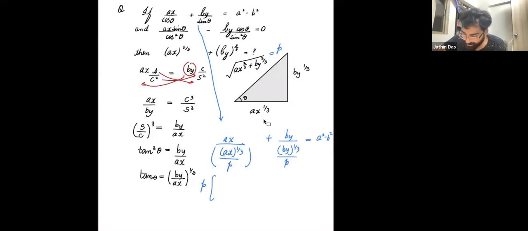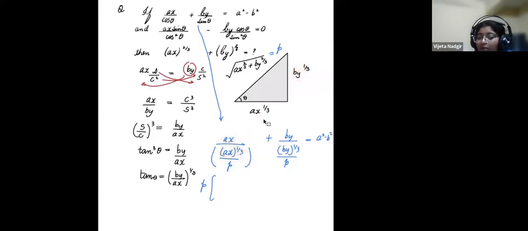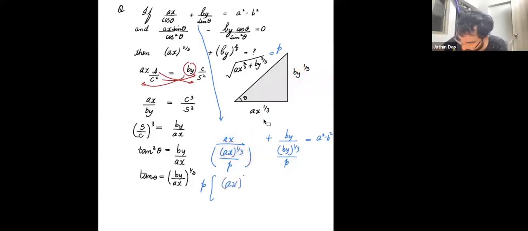Now you think, here it is ax raised to 1 and here it is ax raised to 1 by 3. So what will it be? Ax raised to 2 by 3? A raised to m by a raised to n is equal to a raised to m minus n. So ax raised to 2 by 3, and similarly here, is equal to a square minus b square. Clear?